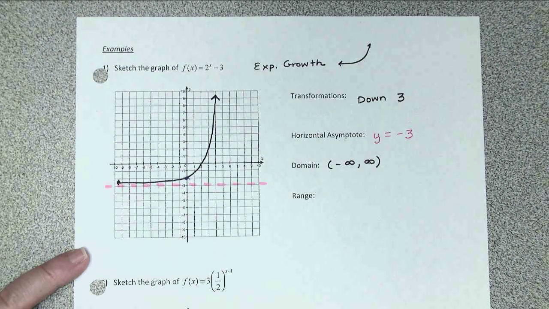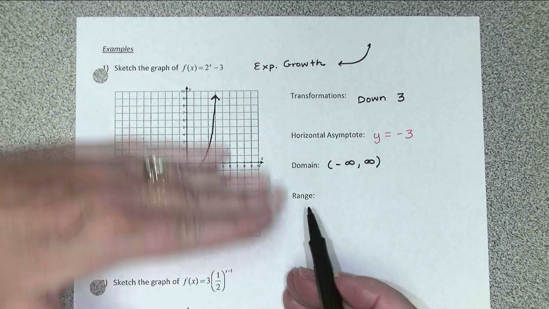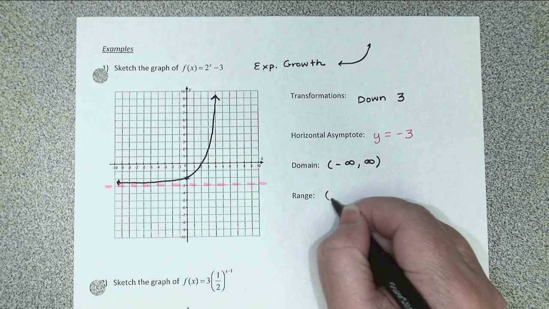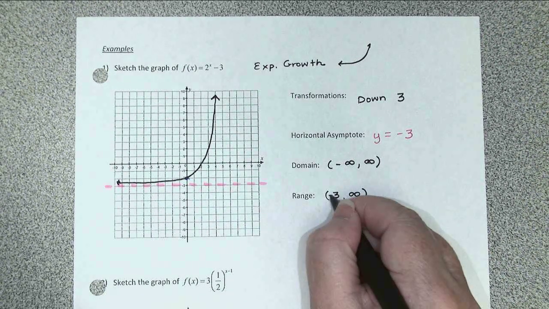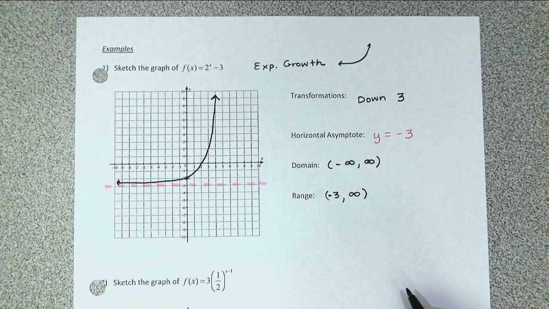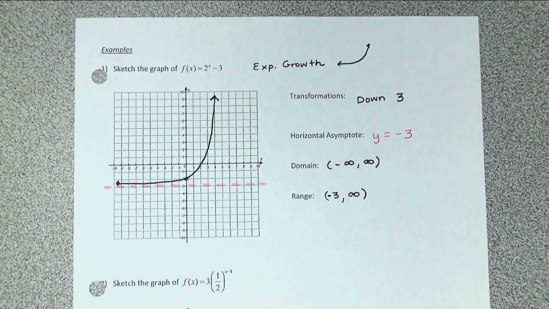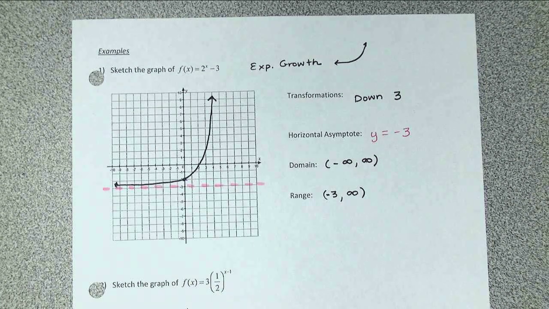But now that we've shifted down 3, the y values are all bigger than negative 3. From negative 3 to infinity. We shifted down 3, right? I did use a parenthesis on the negative 3. The graph never actually touches that asymptote.